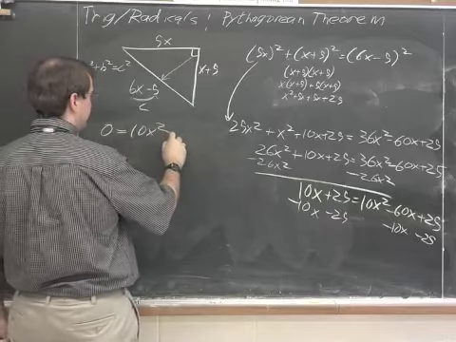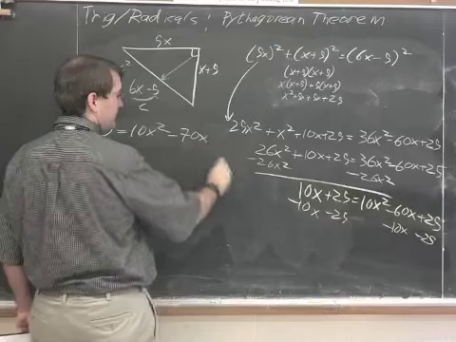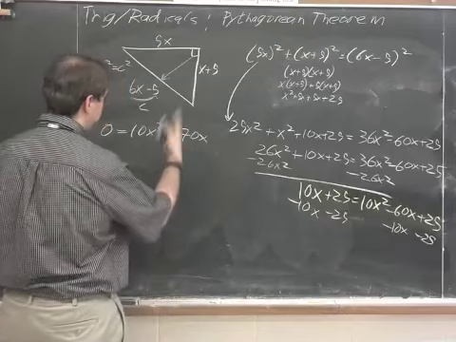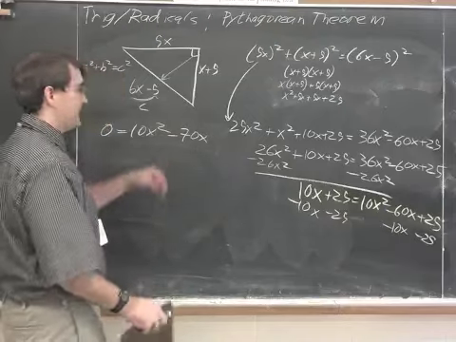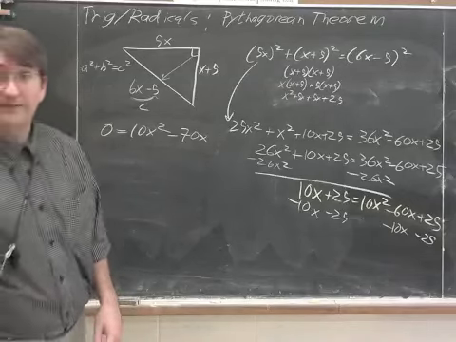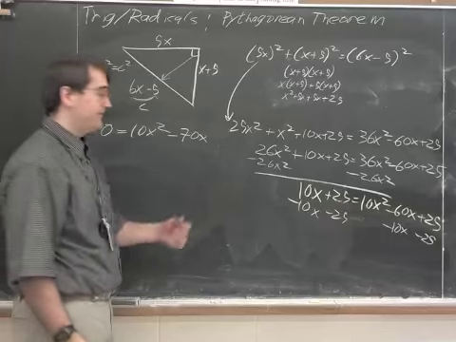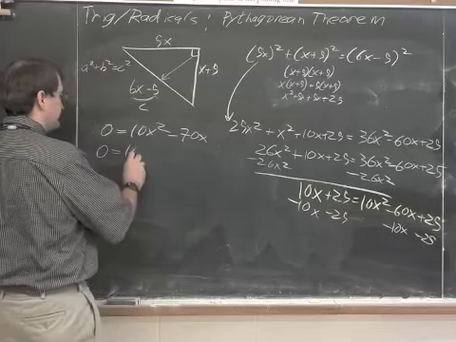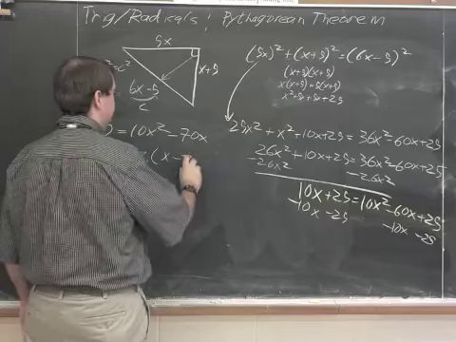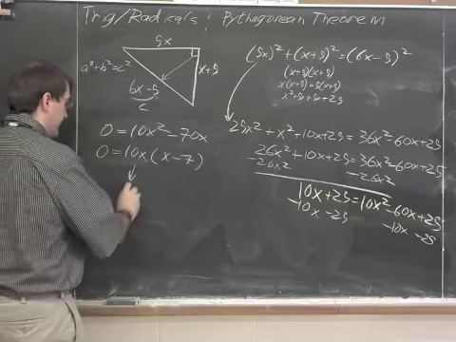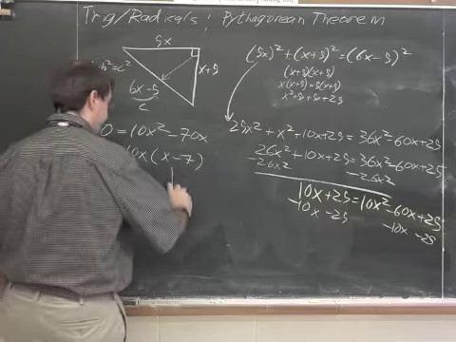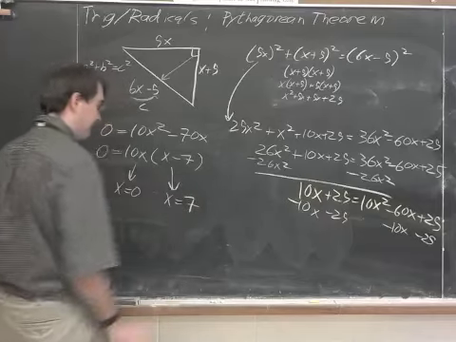Negative 60 minus 10x is negative 70x, and then 25 minus 25 is 0. So we get this. Now I factor. Nice thing here, I take out a GCF, and that's the only factoring I have to do. 0 equals 10x times x minus 7, which gives me solutions x equals 0 or x equals 7.